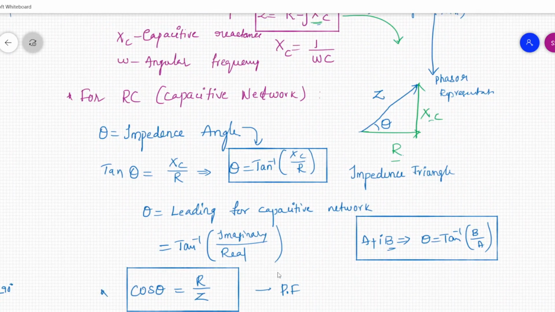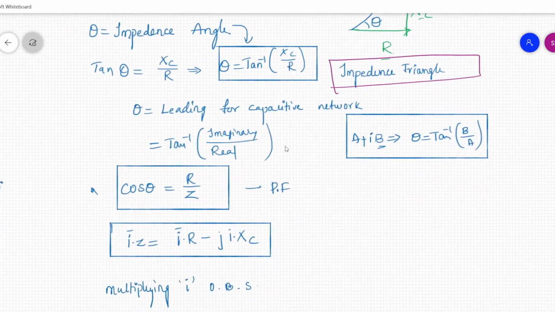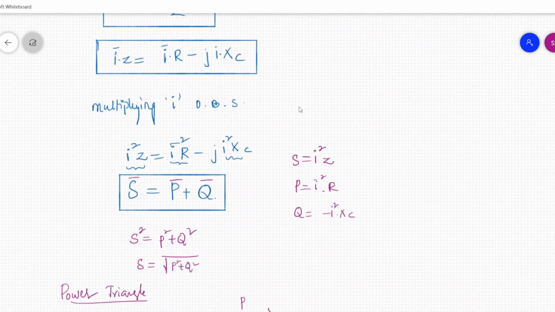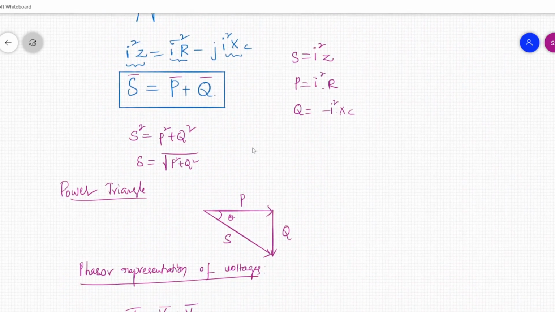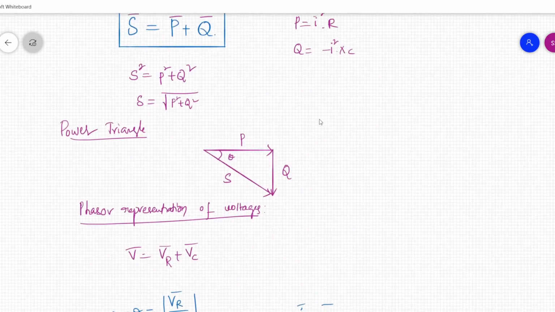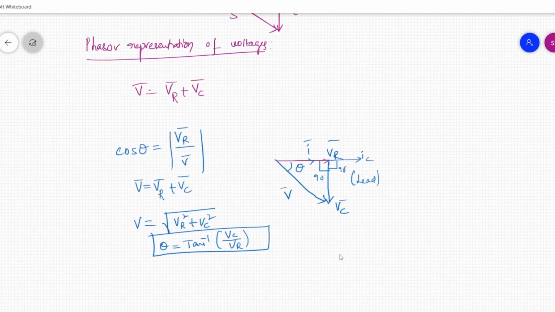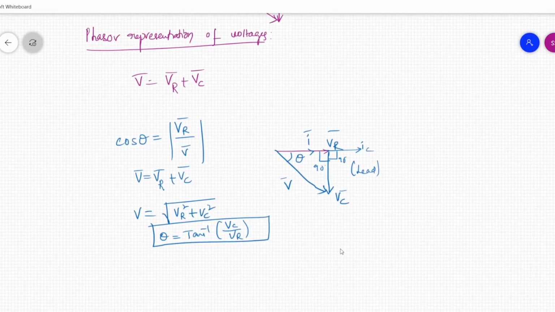First we found the impedance and drawn the impedance triangle. Then we found the impedance angle also. Then we obtained powers from this expression. Then we drew the power triangle. Then we drew the voltage phasor representation. So this is about the series RC network.